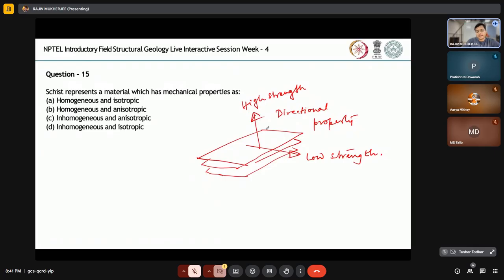So if the composition remains homogeneous, then anisotropy exists only along two particular directions. Therefore schist always represents a mechanical property which is homogeneous and anisotropic. Compositionally, each individual layer is homogeneous, but because of the layering there is an inherent anisotropy in terms of mechanical strength. So option B is the correct answer.